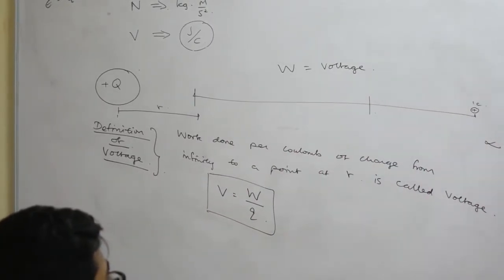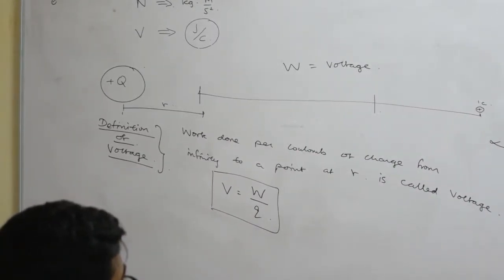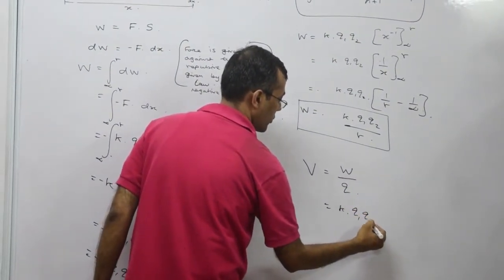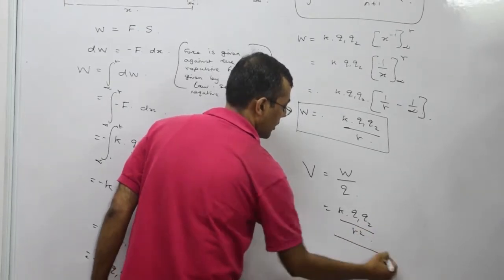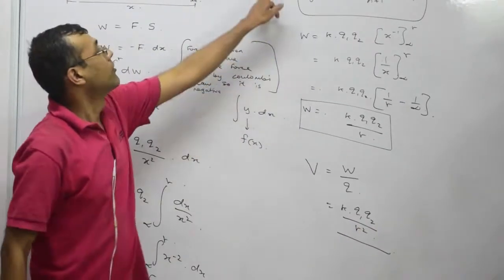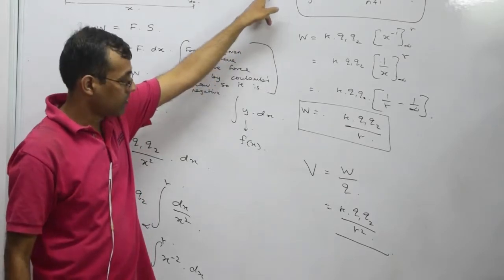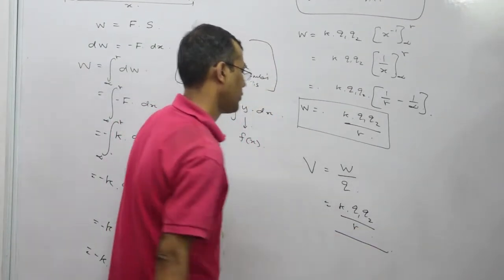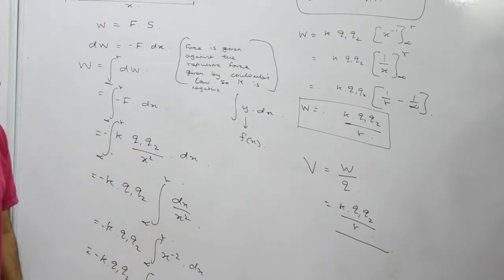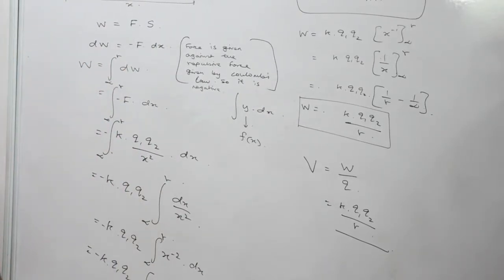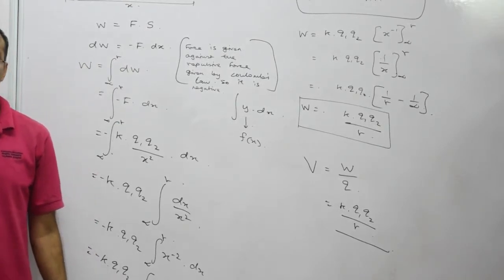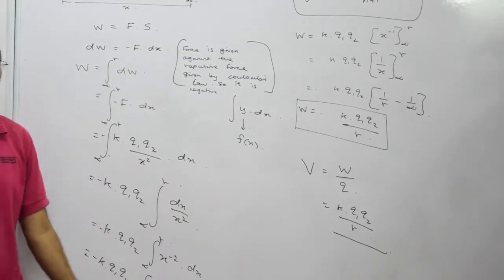So I said this is work done. So if I want V, what should I do? W by Q. So W by Q, so K Q1 Q2 by R, divided by, I have to divide by the charge which you're, R, you're right, yeah. It's only R. So I have to divide by the Q. So which Q should I take?